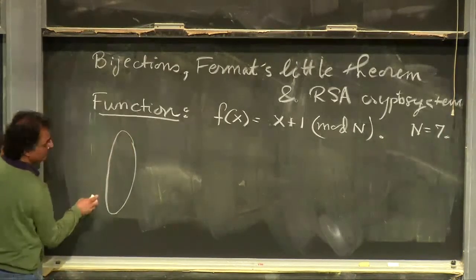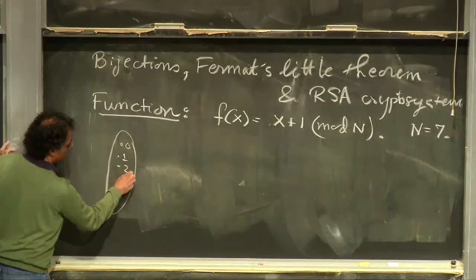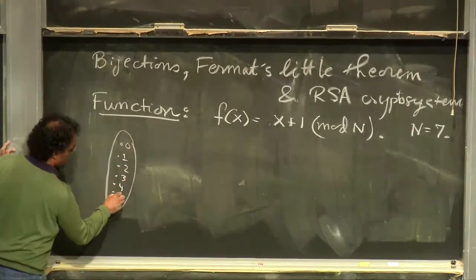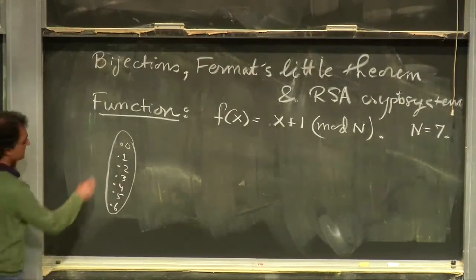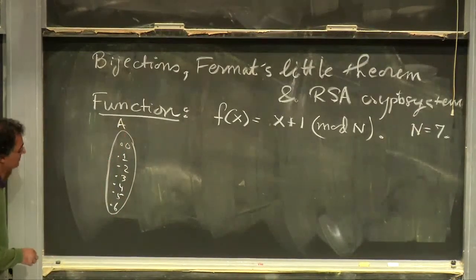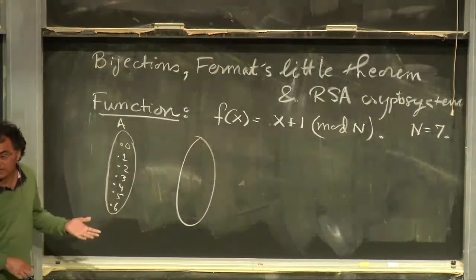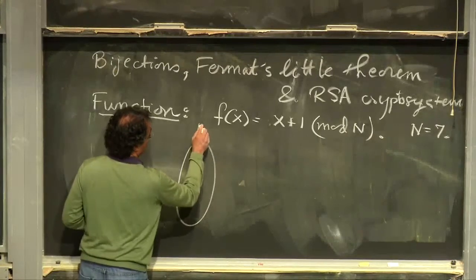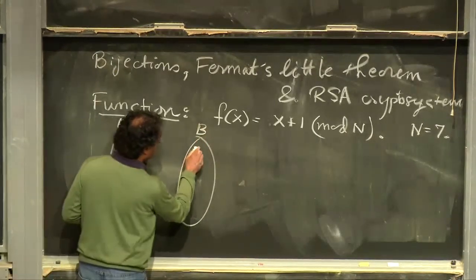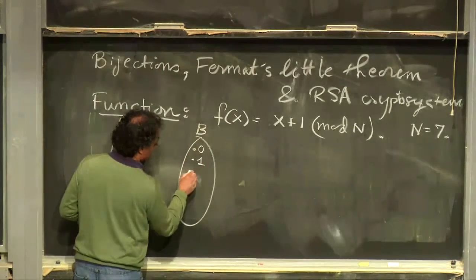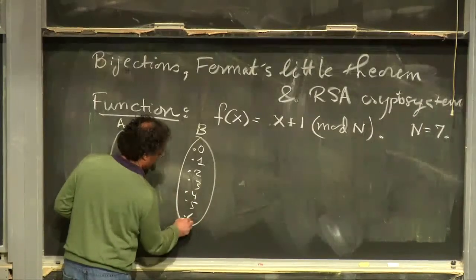You have the domain, which consists of the points 0, 1, 2, 3, 4, 5, 6. It maps this set A, and then you have the range, which in this case happens to be the same set A. In general, it'll be a set B. B happens to be equal to A, and consists of the points 0, 1, 2, 3, 4, 5, 6.